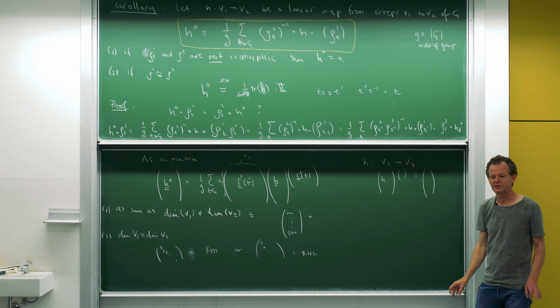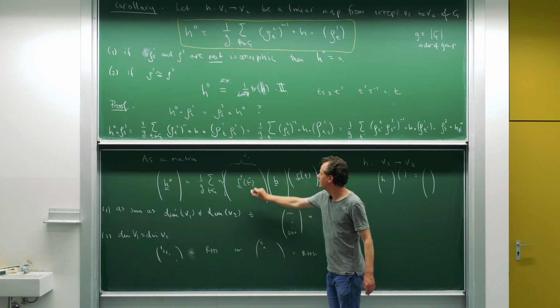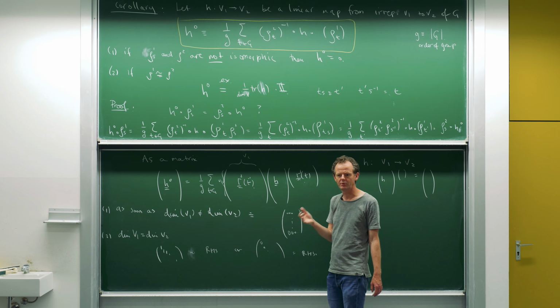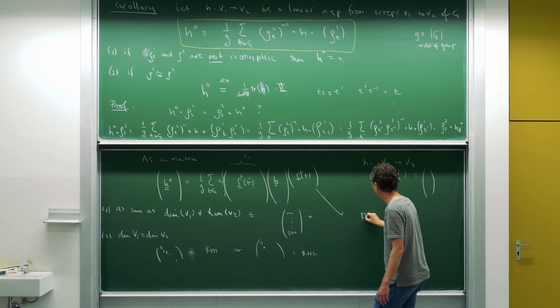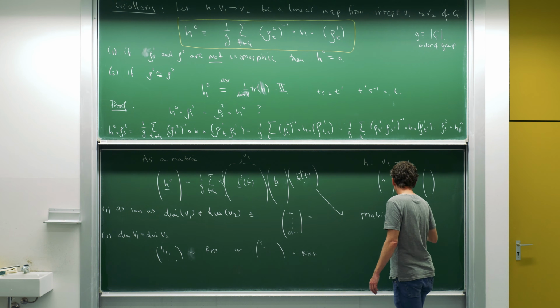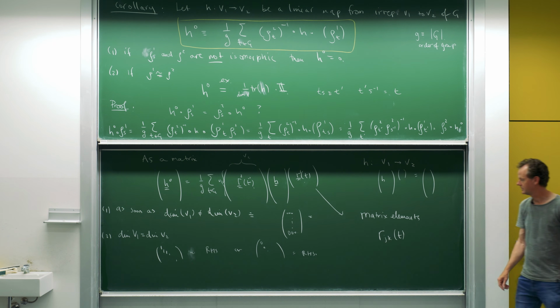So this hints that the matrix elements of these matrices have some weird orthogonality properties. It points to the matrix elements, which we'll call R, J, K. They're very special.